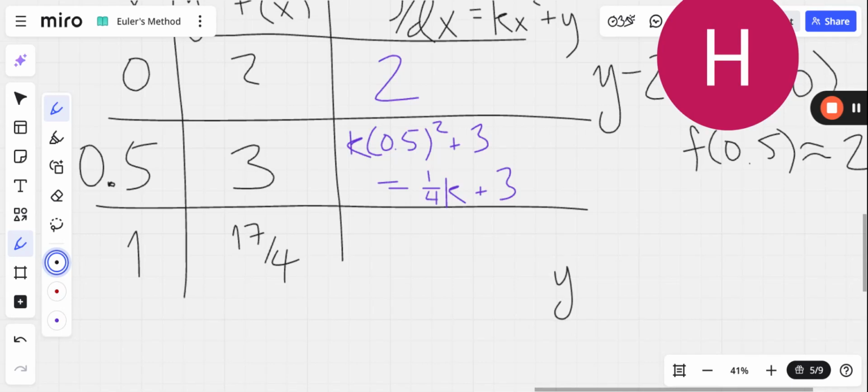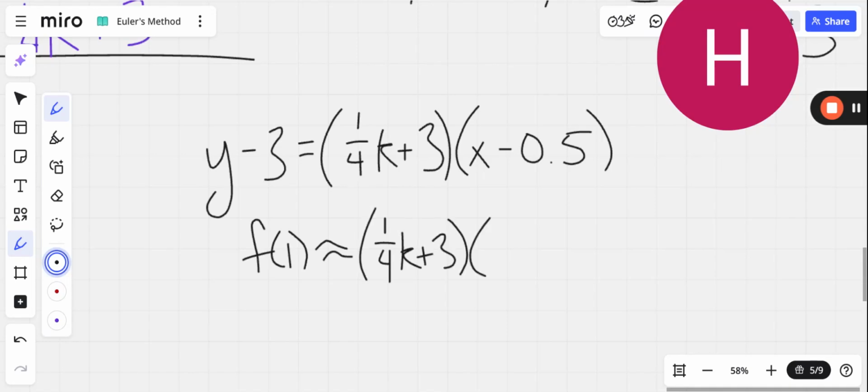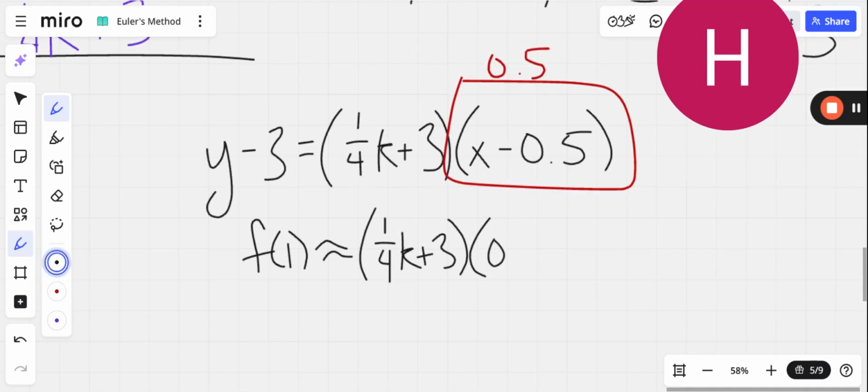Now, how would we write this in a tangent line equation? We would say y minus 3, that's the y value, equals 1/4 k plus 3, that's the slope, times x minus 0.5. And we know that we're approximating f of 1, so this is going to be 1/4 k plus 3 times 0.5, since the step size is 0.5, 1 minus 0.5 is 0.5.